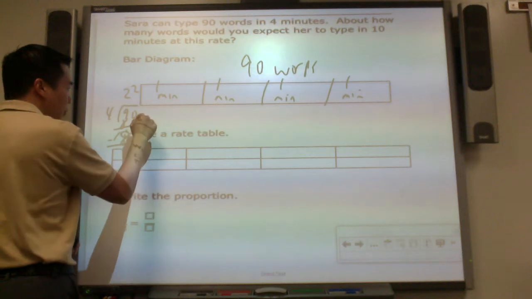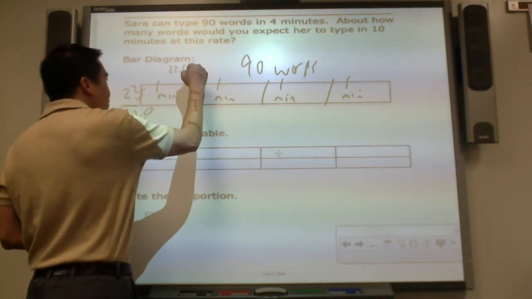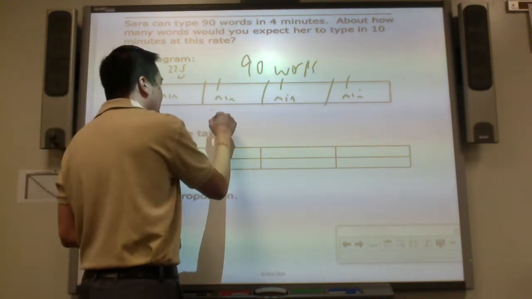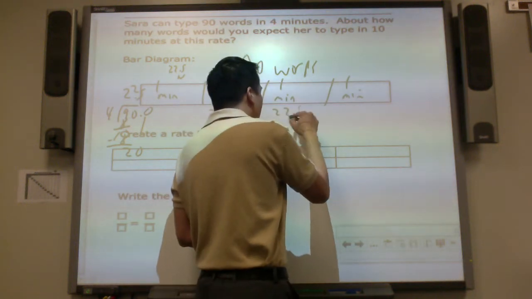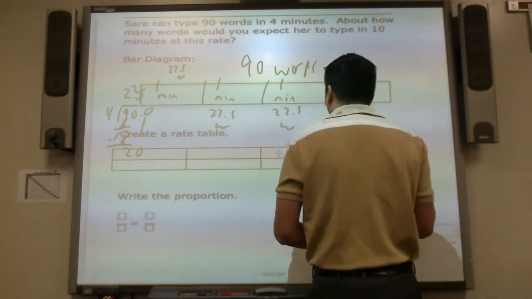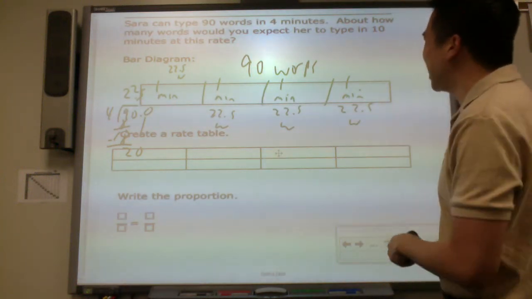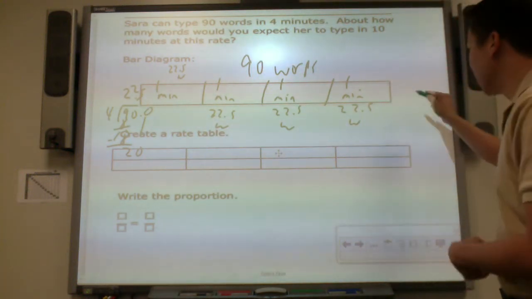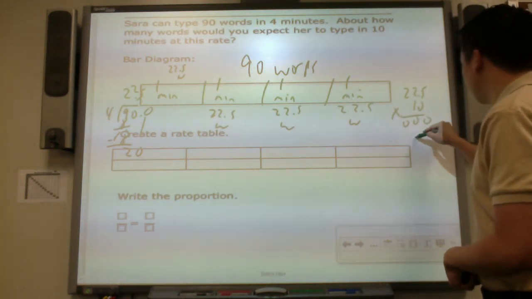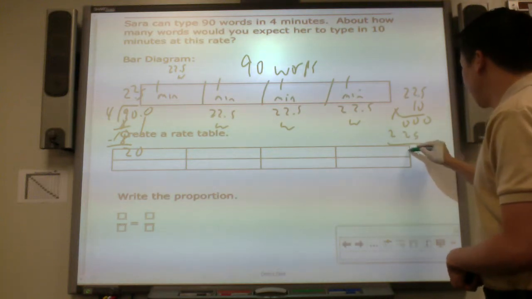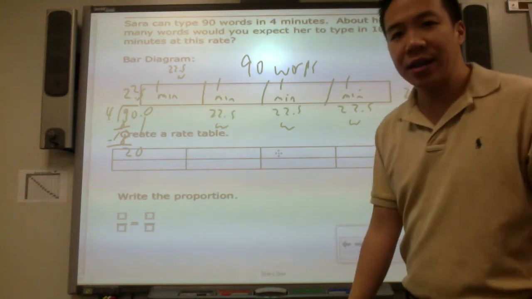Got a remainder, put a 0, bring it down, and 4 goes into 10 two times, so it's 22.5 words per minute. But how many minutes does she have to type? 10 minutes. So 22.5 times 10 is 225 words in 10 minutes.